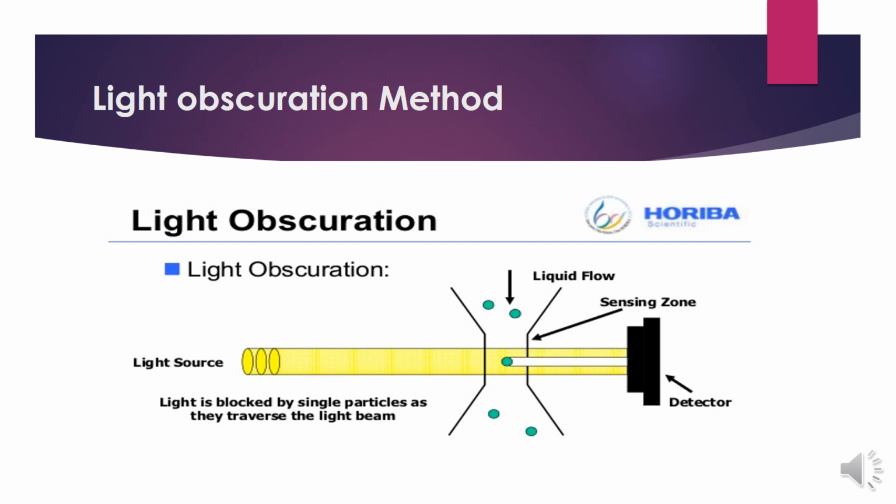When it passes along with particles, wherever there is a particle, the sensing zone is going to detect it and give a result through the detector. The particle is detected along with its size, and the results are computed accordingly.